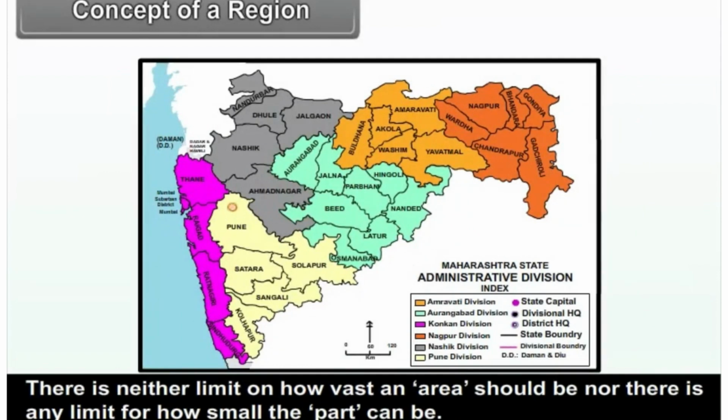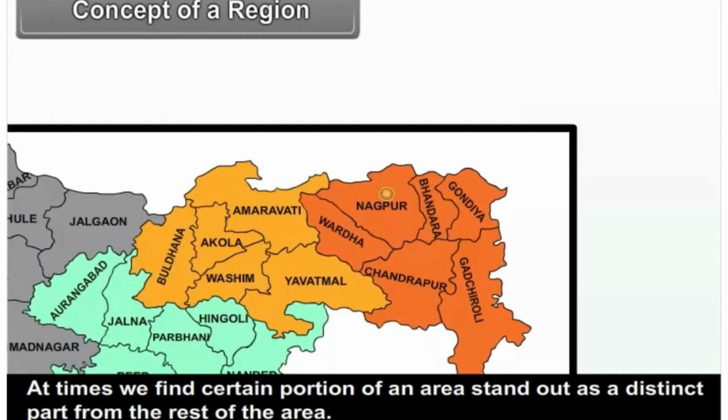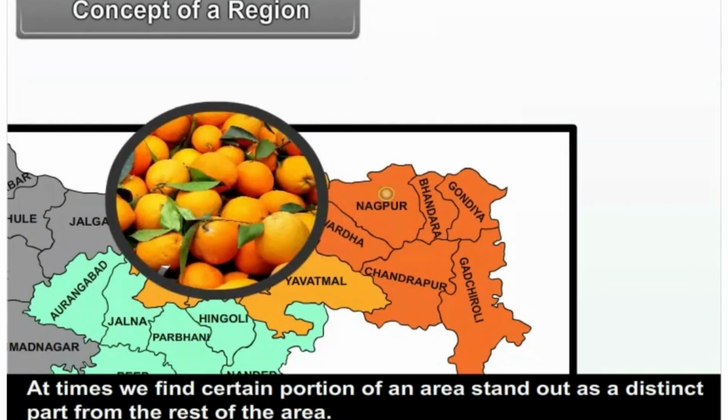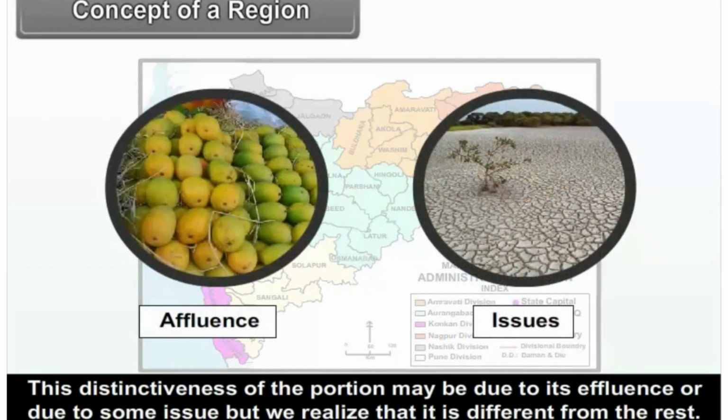There is neither any limit on how vast an area should be, nor there is any limit on how small the part can be. At times, we find certain portion of an area stands out as a distinct part from the rest of the area. This distinctiveness of the portion may be due to its affluence or due to some issue, but we realize that it is different from the rest.